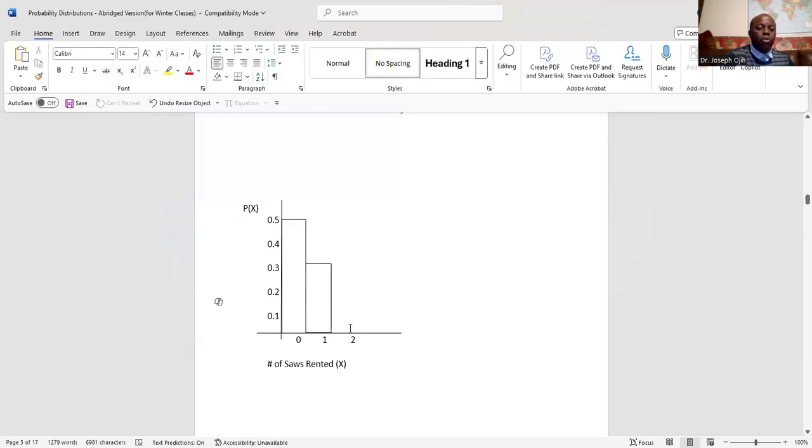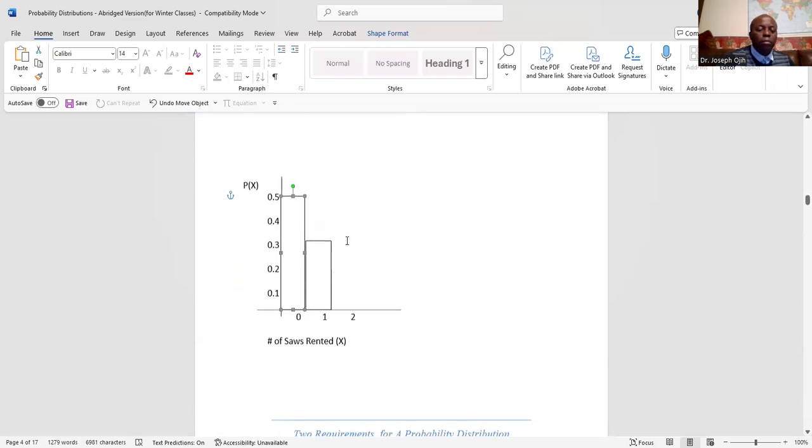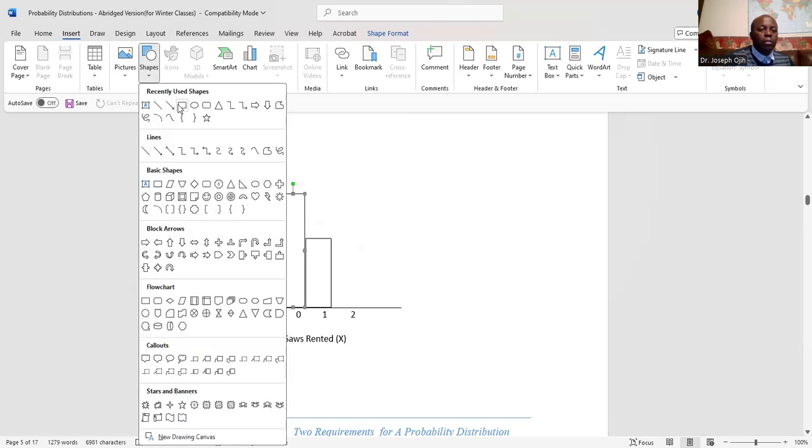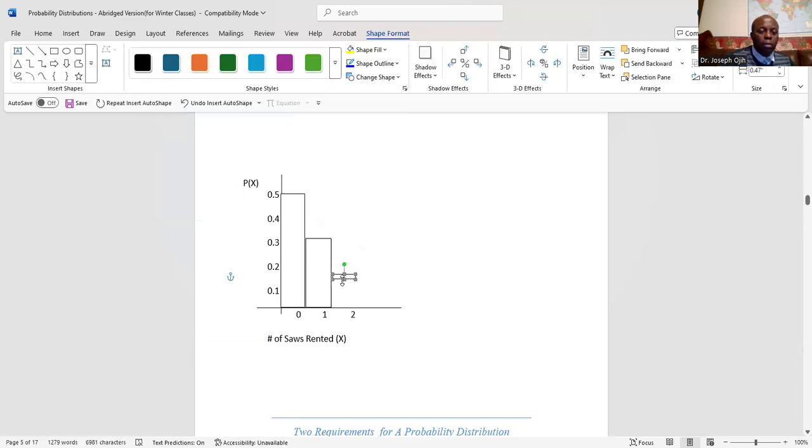Now for 2, maybe I should extend 1 a little bit. For 2 it is 0.17, so it's going to be around here. 0.17 should be around this neighborhood.